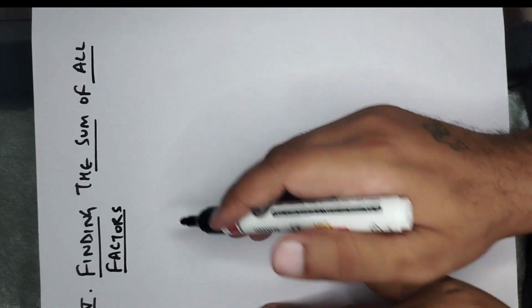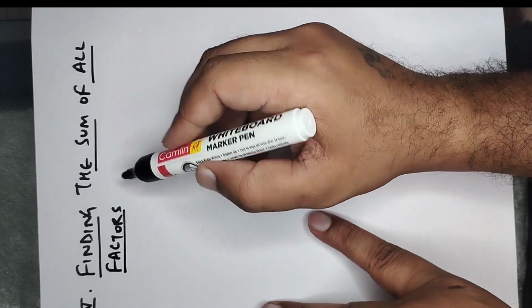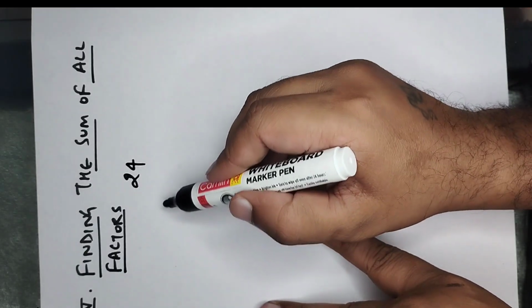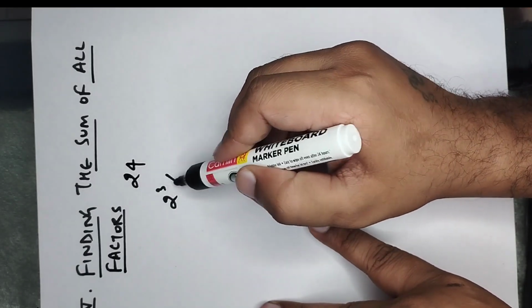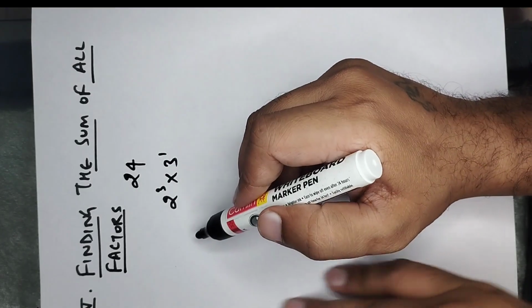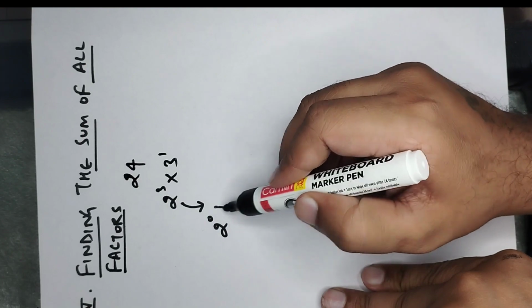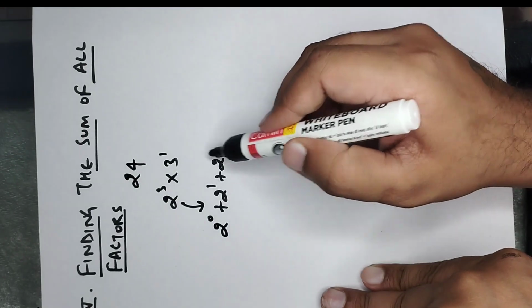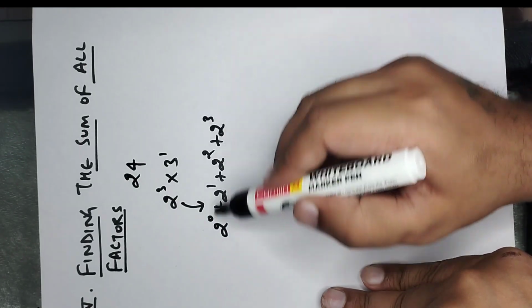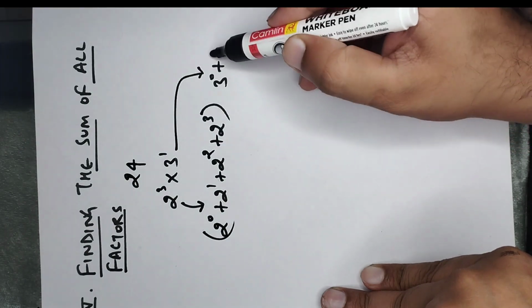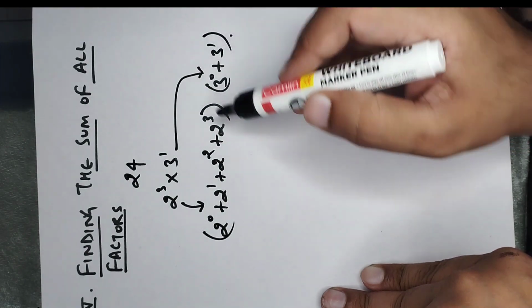Now again I am taking the example of this small number, that is 24, and I remember that the factorization of this number is 2 raised to the power 3 into 3 raised to the power 1. Now expanding this 2 raised to the power 3, I can write it by writing all the possible powers of this, and writing the other as 3 raised to the power 0 plus 3 raised to the power 1.